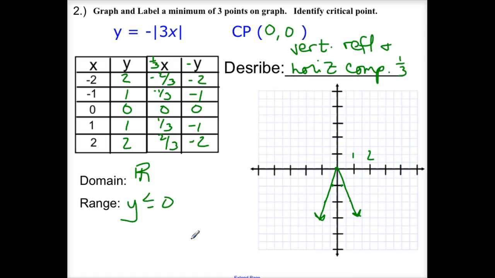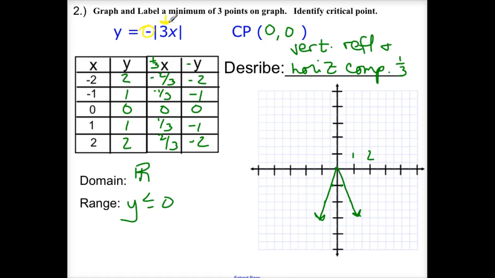Looking at the verbal description of what's going on with this graph, we have times a negative on the outside of the equation, so that means that it's a vertical reflection because it's outside the asymptote. Inside, grouped with the x, it looks like a stretch of 3, which means it's actually a horizontal compression by 1/3. So the way that I set up my t-chart was the first 2 columns is for the parent function.